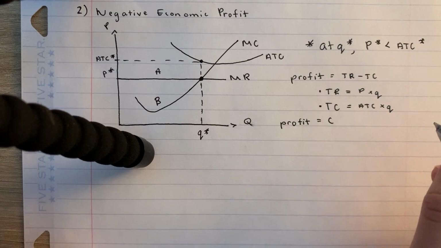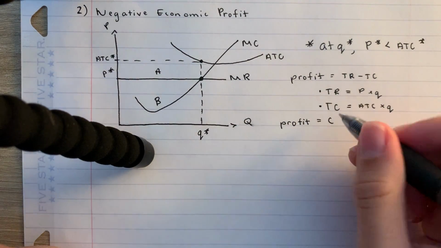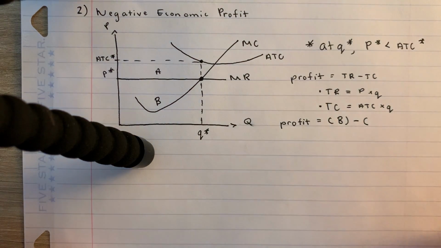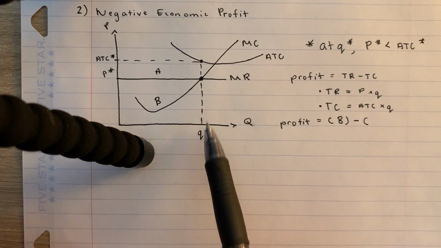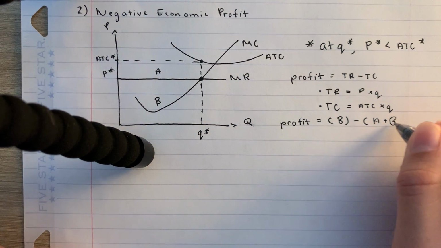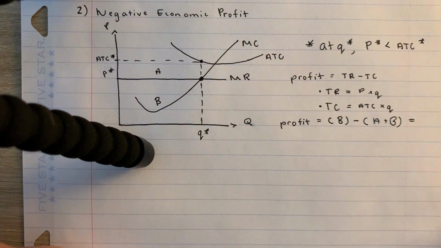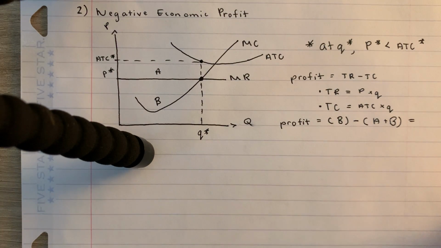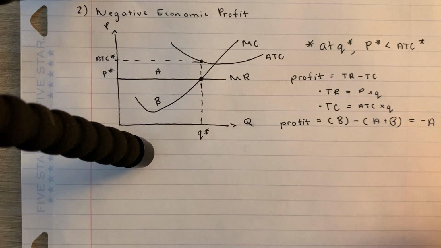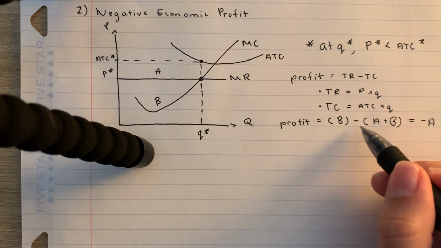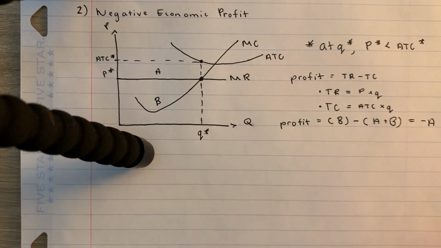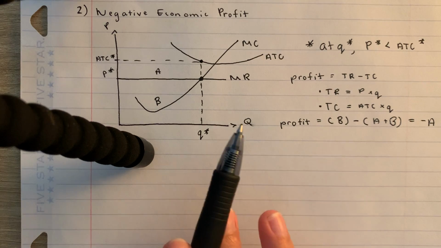P times Q here is just the area B, minus total cost, which is ATC times Q, which is area A plus B. And so this will leave you with area negative A, because B minus B cancels out, so you're just left with negative A. And that gives you negative profit.